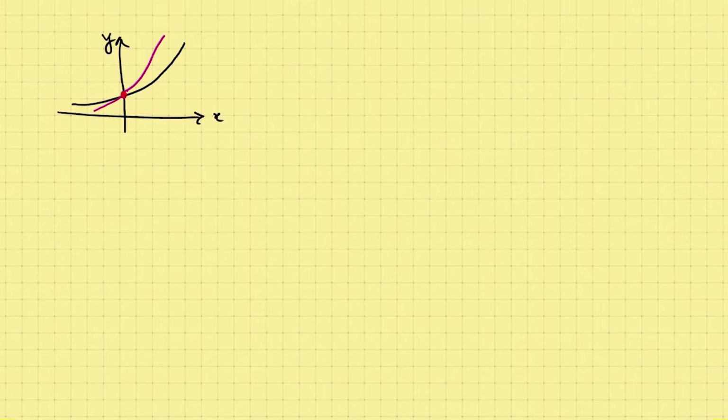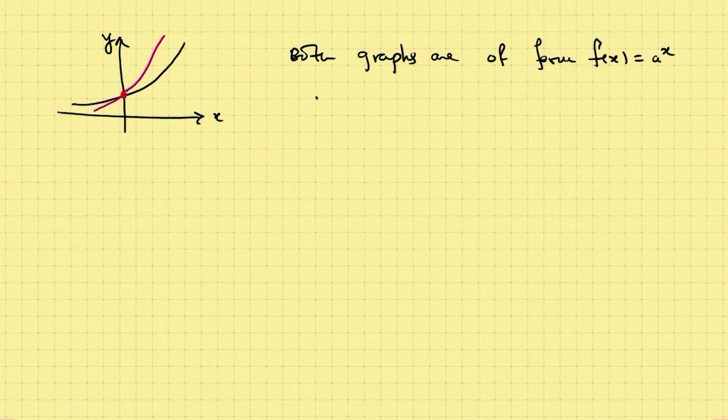So we know that both graphs are of the form f of x equals a to the x, and both are increasing functions.